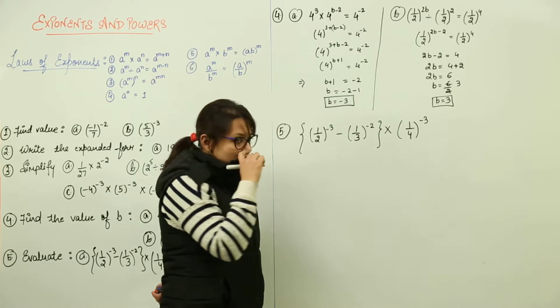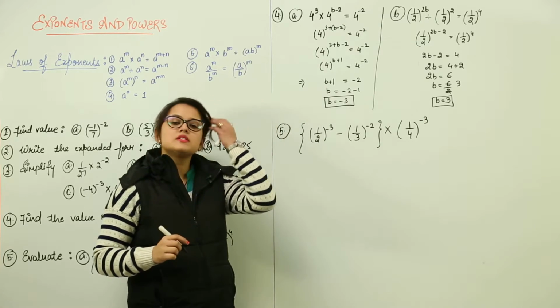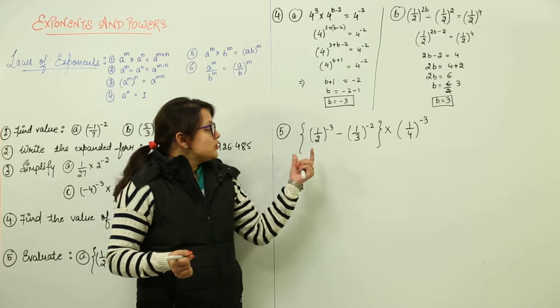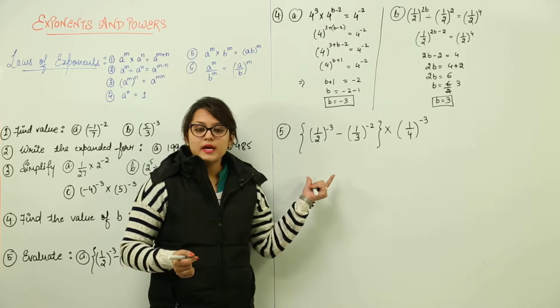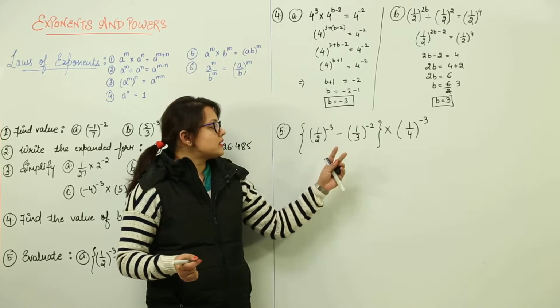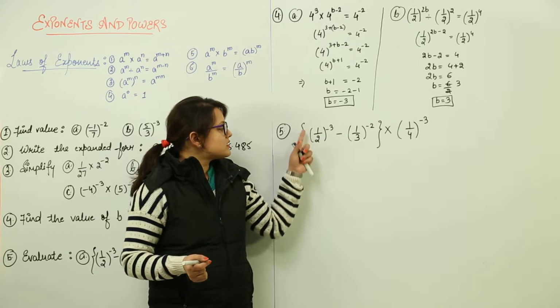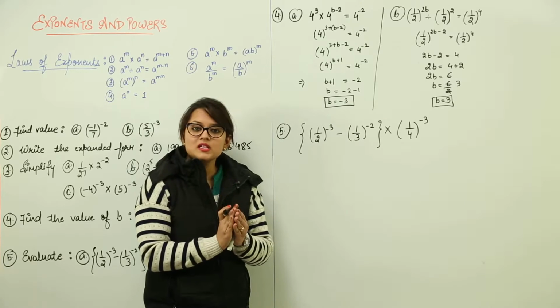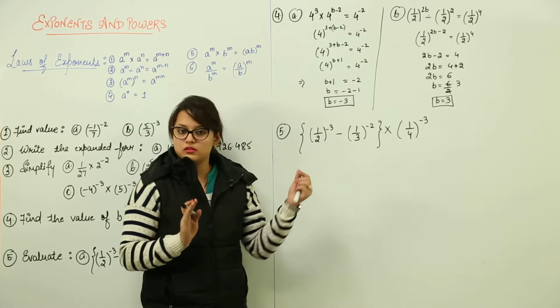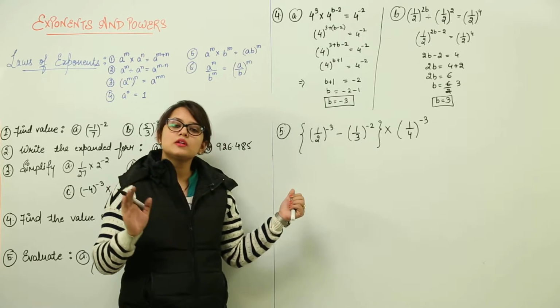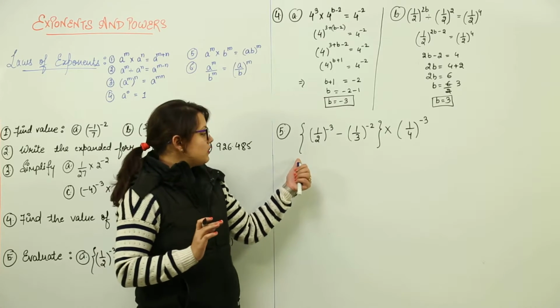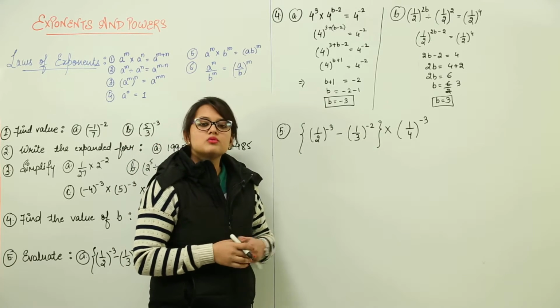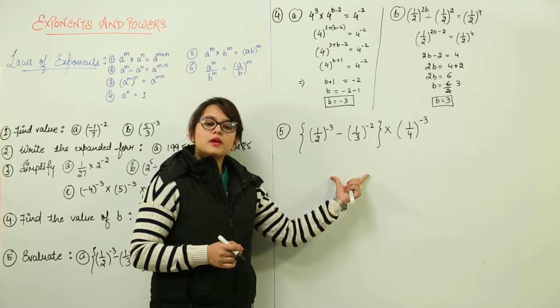Now as I previously discussed with you, you have to focus on solving the brackets first. Now we can see two brackets here, the round brackets as well as the curly brackets. The round brackets are the smallest brackets, after that comes the curly brackets, and the largest one are the square brackets. Now here we already have curly brackets, so we will be focusing on curly brackets first.